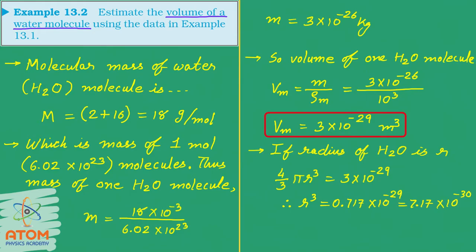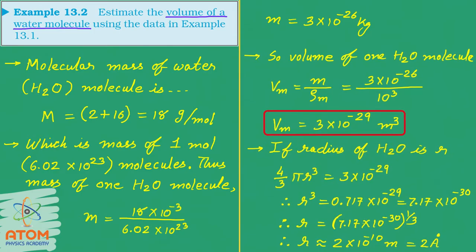I am taking 10 raised to minus 30 purposefully so that I can take a cube root while finding the value of r. So now I can write that r is 7.17 into 10 raised to minus 30, raised to 1 by 3, and this will give us the value of r, that will be nearly equal to 2 into 10 raised to minus 10 meter, or you can also say it is 2 angstrom. 2 into 10 raised to minus 10 meter is 2 angstrom.